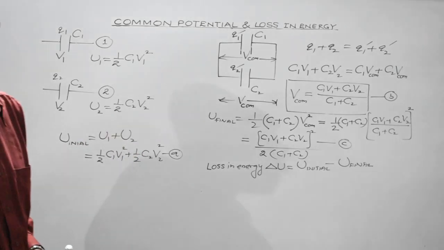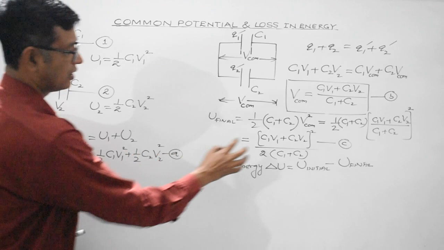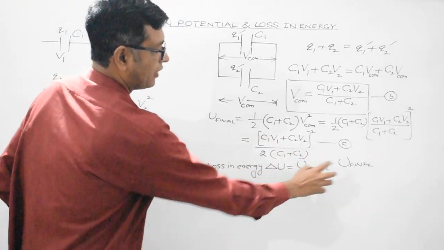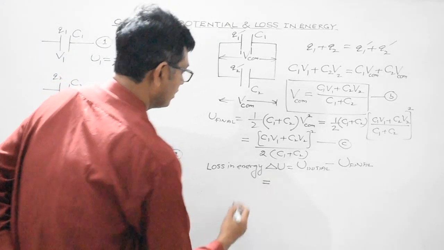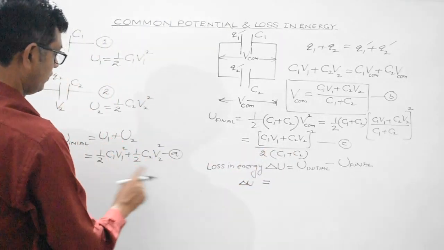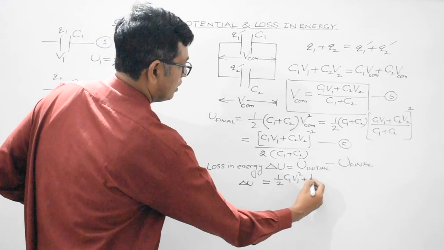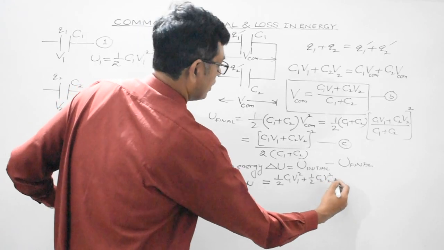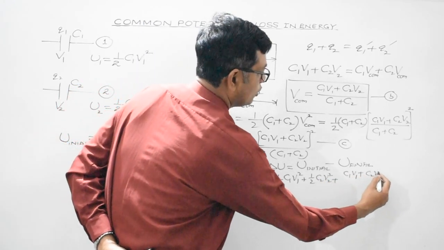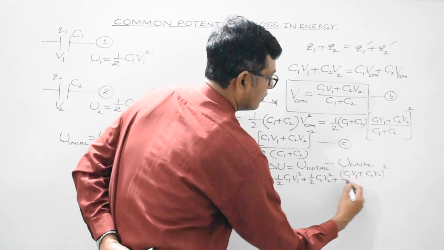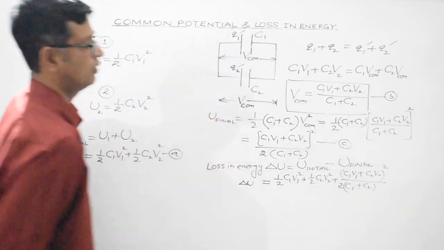Now, simple mathematical statements are involved. We are aware of U initial, we are aware of U final. Simply substitute these values and you should get the result. Let's do it. So, what we get is del U. Let me write this step: half C1 V1 square plus half C2 V2 square, minus C1 V1 plus C2 V2 whole square divided by C1 plus C2, and it is twice, right?